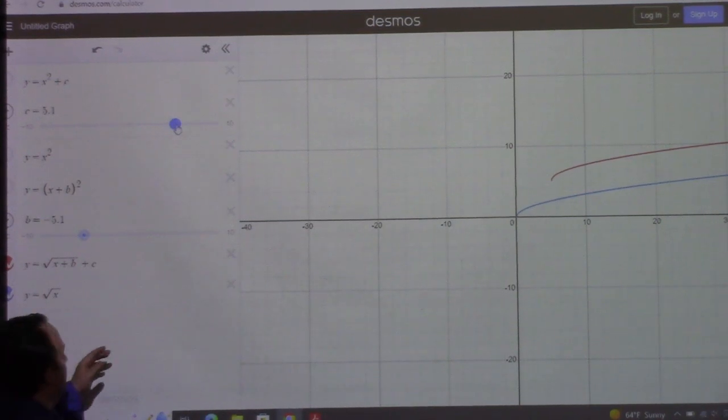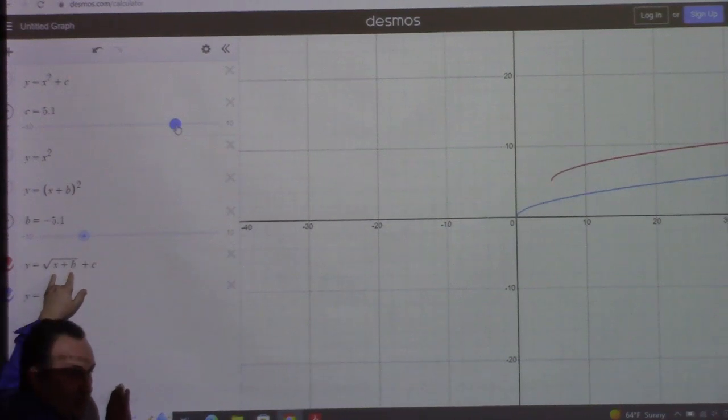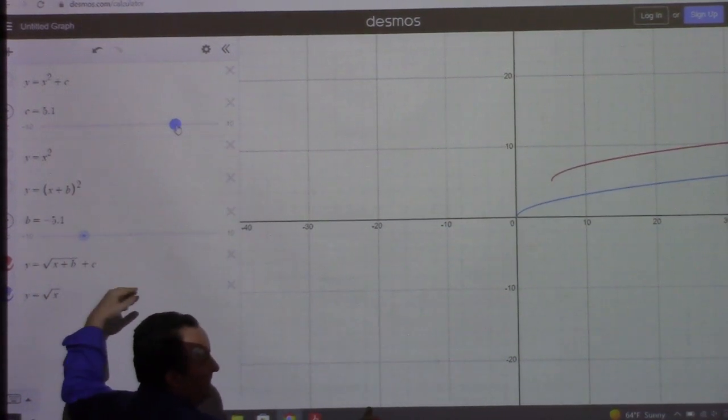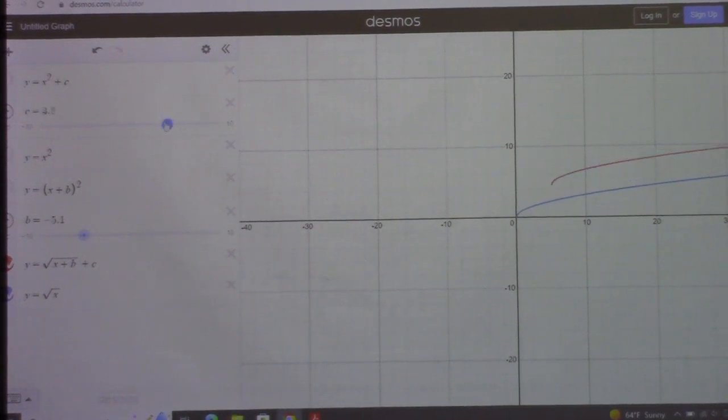So subtracting 5 inside the square root shifts it 5 to the right. Adding 5 shifts it 5 up. If I make the constant I'm adding outside equal to 1, it shifts it down, right? If I make the constant I'm adding outside negative, then it goes down like that, right?